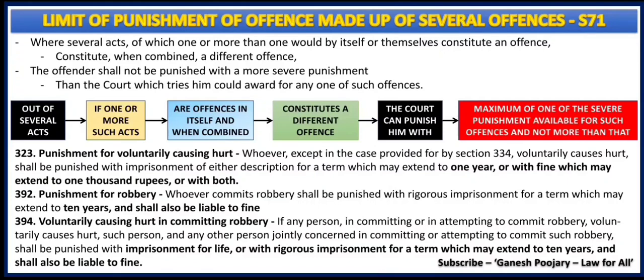Now here the court has the discretion to choose one of the punishments available under these 3 sections. It is not punishment for all the sections. The maximum discretion available with the court is to give the severest punishment available among these 3 sections. That is how we need to understand. For example, for committing 323, the maximum imprisonment can go up to 1 year, or with fine which may extend up to 1000 rupees, or with both.